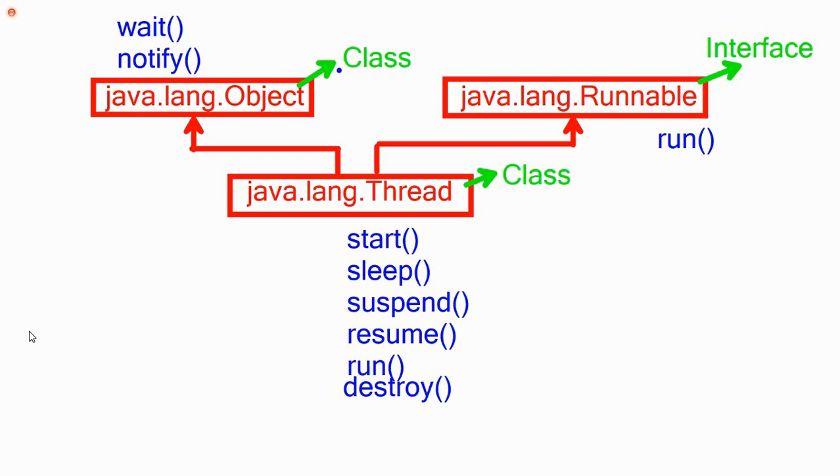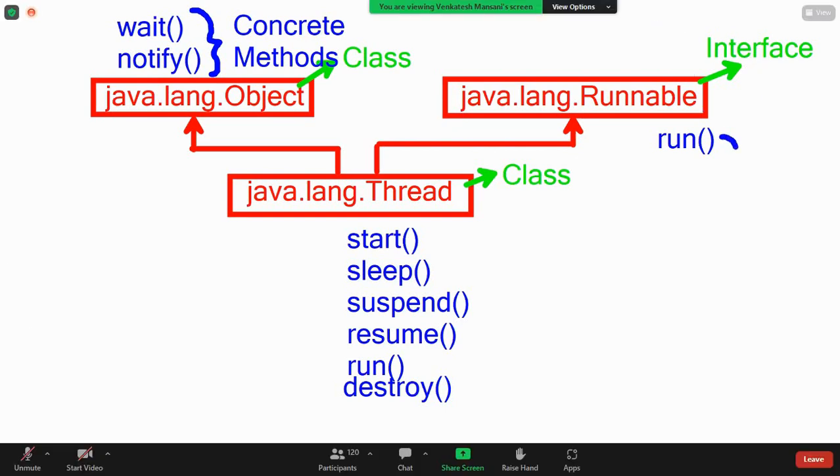Here, it is a class, it is an interface, it is a class, for multithreading. These two methods are concrete methods. This method is an abstract method. This method is an abstract method.